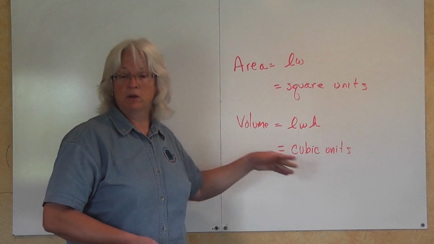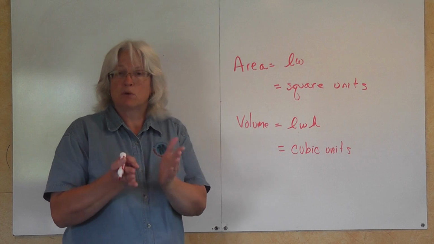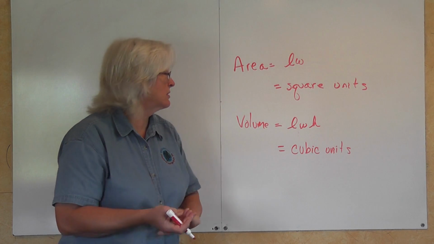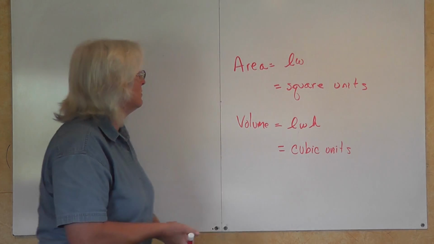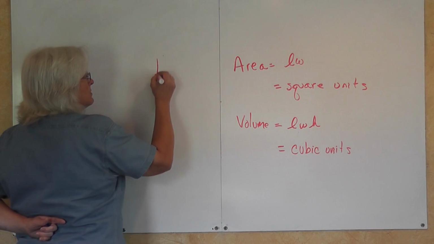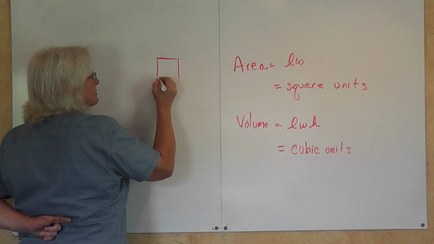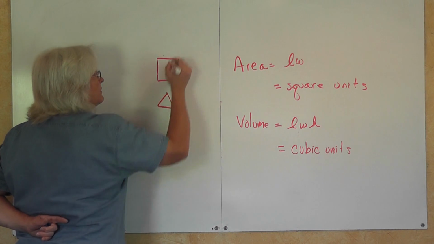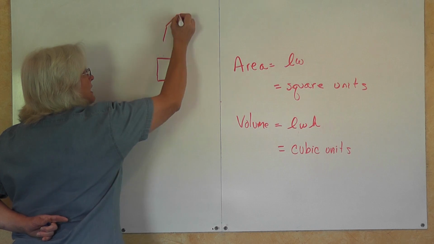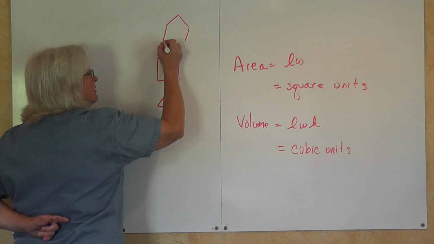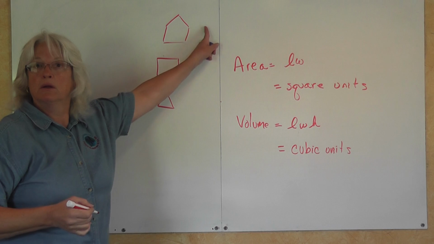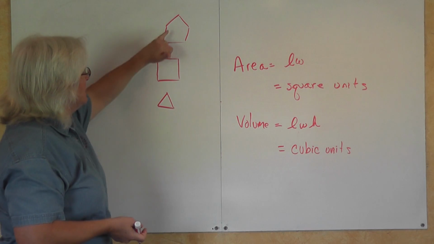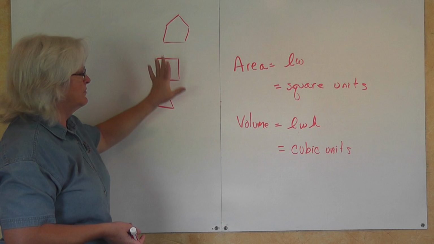Volume is cubic units. And what happens when you are finding the volume of an object, since with area you basically have length times width, you have two dimensions, regardless of what the shape. The area is just the flat surface.